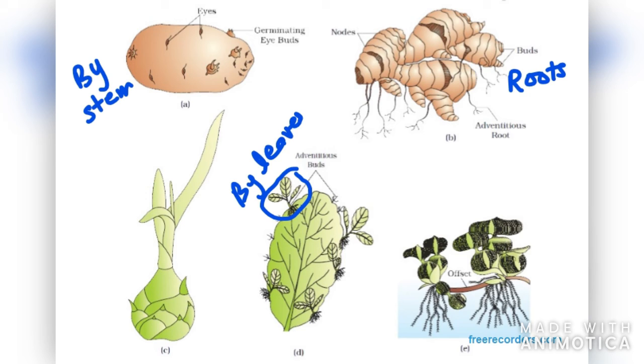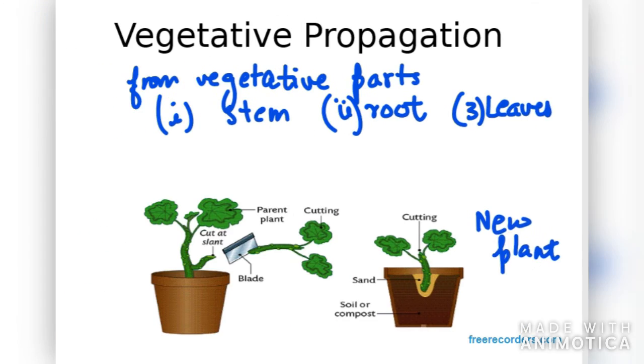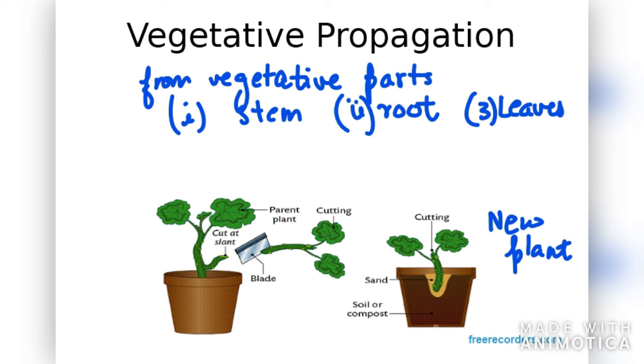So these are some examples of natural vegetative propagation. In this case, we don't make use of artificial methods. Artificial could be grafting, in the case of mango, cutting in the case of rose, and layering in the case of jasmine. So you must know some examples under the artificial as well as the natural method.